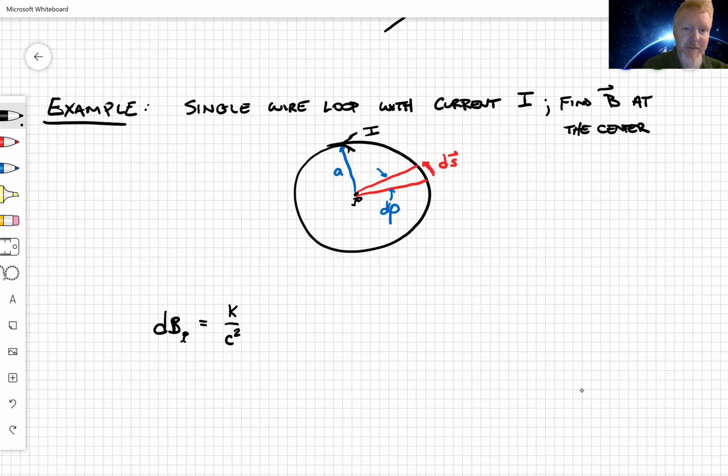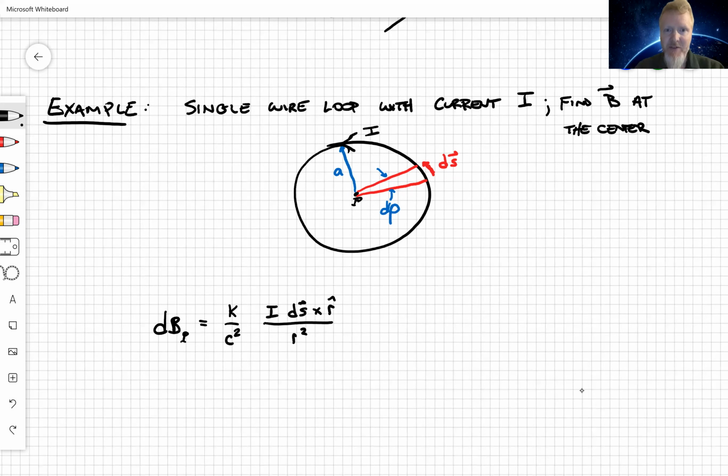Well, I should put that up in the thing here, right? ds cross r hat divided by r squared. Okay, so ds cross r hat, there's my ds, it's tangential.